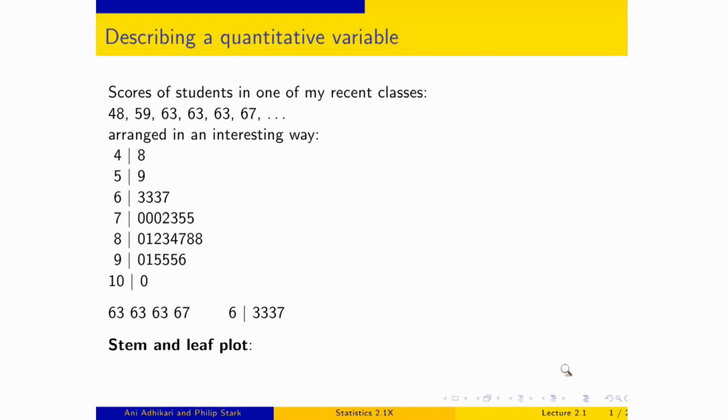And the person who came up with this name is the person who came up with this idea of summarizing data in this way, and his name is John Tukey, one of the great American mathematicians, computer scientists, statisticians, worked in Princeton roughly 1940s through 1980s, and he had a passion for understanding data visually and using very simple techniques to look at data visually. And this stem and leaf plot is so clever, very simple but so clever. It quickly gives you a sense of the distribution of the data.